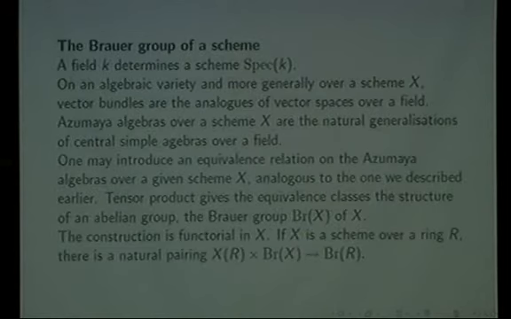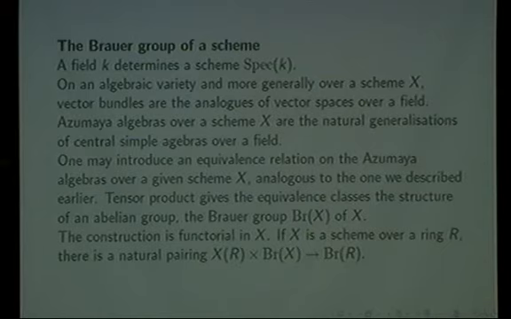Okay. So now this was the Brauer group of a field. Now let's look at the Brauer group of a scheme, or of a variety, if you don't like the word scheme. On a field, you have the notion of vector space. On a commutative ring, you have the notion of a projective module of finite rank, which is the generalization of vector space.